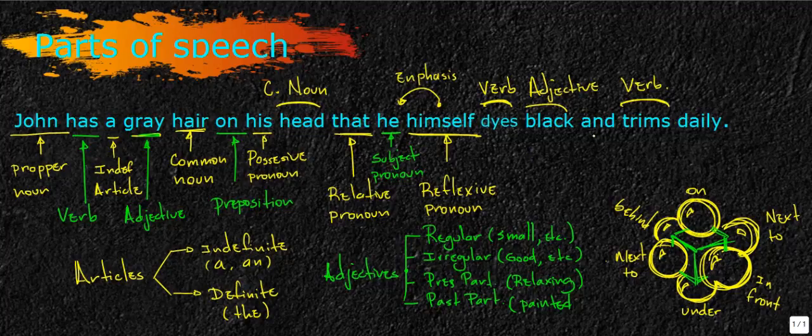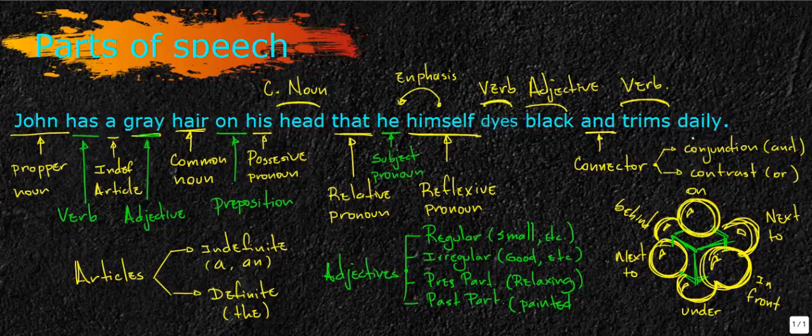And then we have the connector. In this case, this is a connector of conjunction. For this part of the book, or for this level, we're simply going to talk about connectors of conjunction and connectors of contrast. So that is and or. The very last part that we have right here is the adverb.